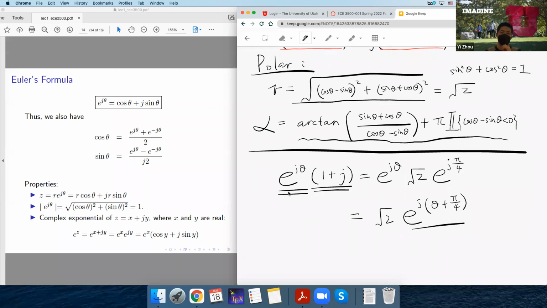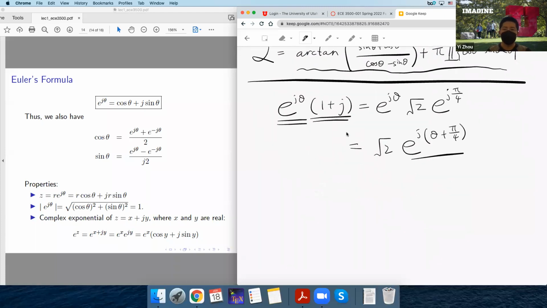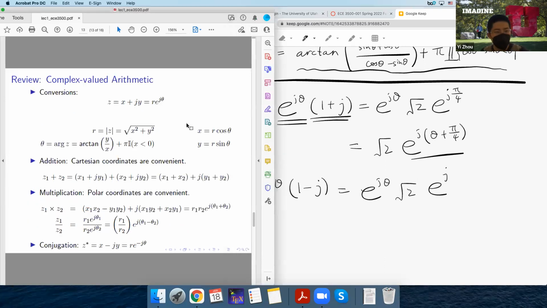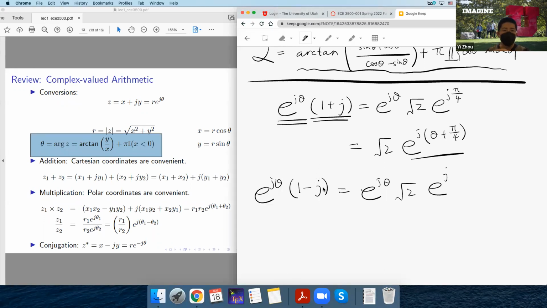Okay, yeah, that's a great question. So the question is, what if we got negative pi over 4 here? So then we can look at this example. This will make that phase term negative pi over 4, right? So by the same approach, we got J. And now, following this formula, for this one the imaginary part is -1, the real part is 1.